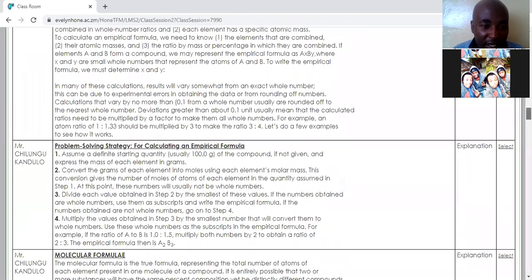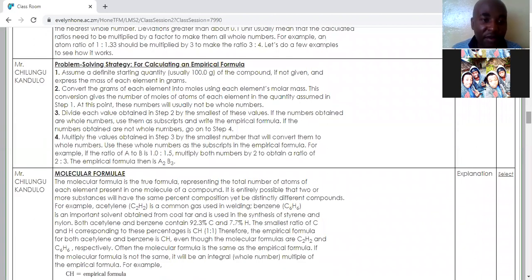The rules are those to find the empirical formula. If you've been given percentages, you assume that the percent is 100 grams. If you've been given masses, you just deal with the total, and you go direct to moles.